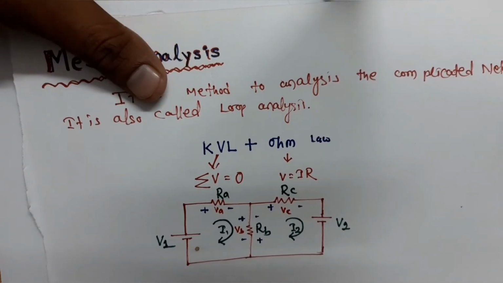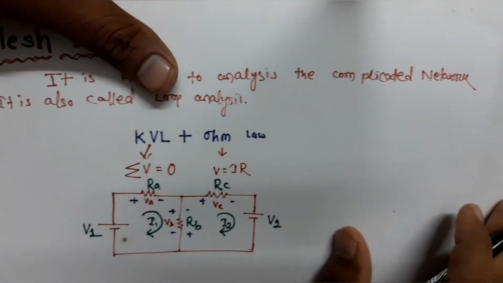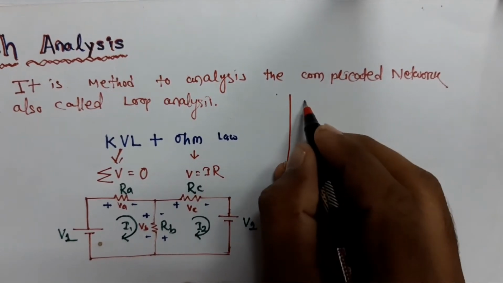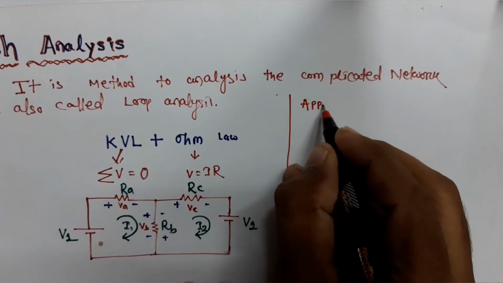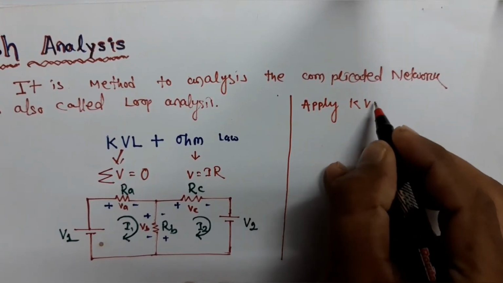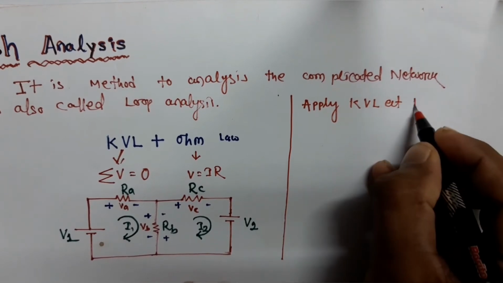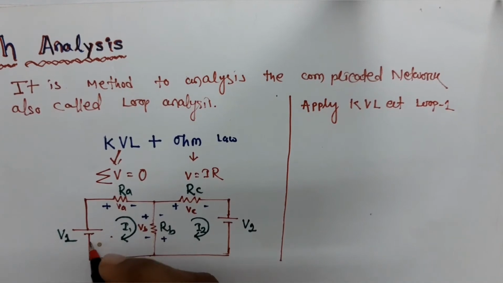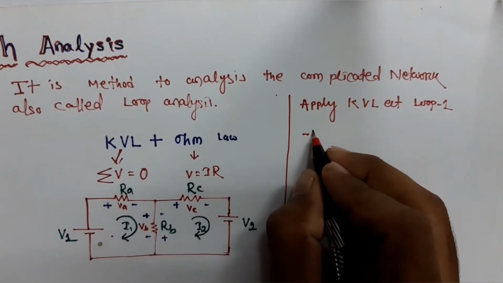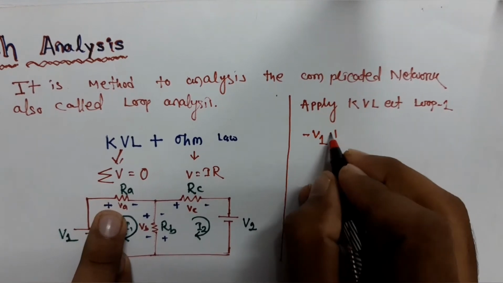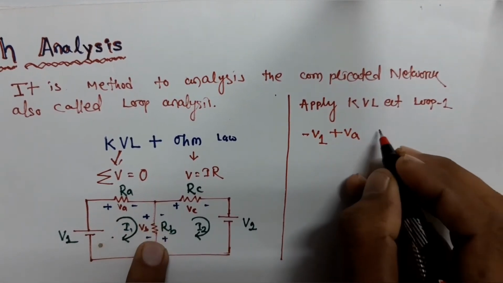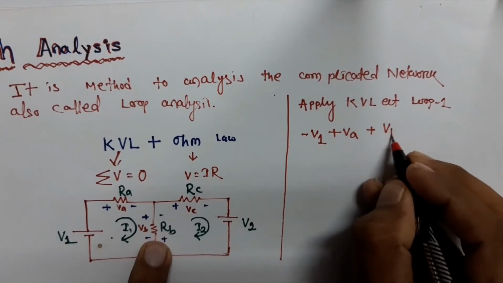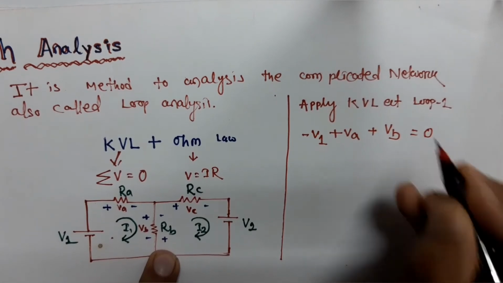Let's apply KVL at loop 1. This is loop 1. We apply minus V1 plus VA plus VB is equal to 0.